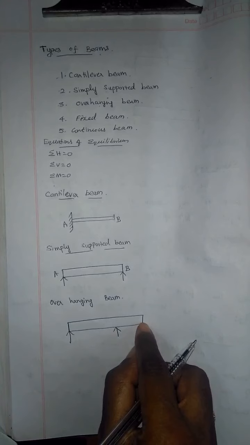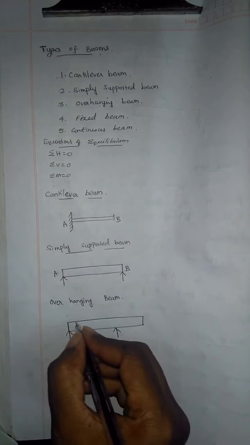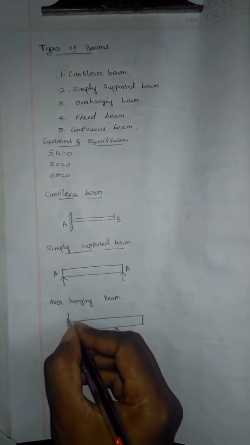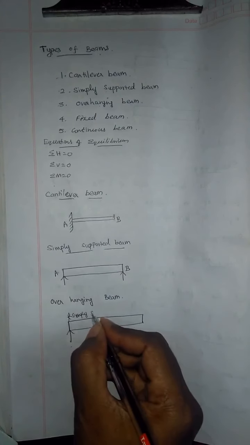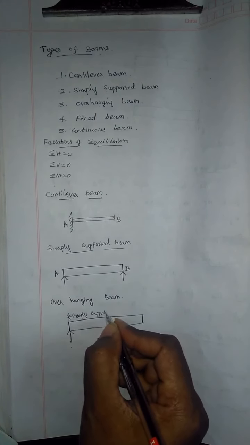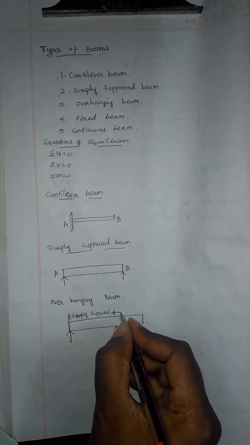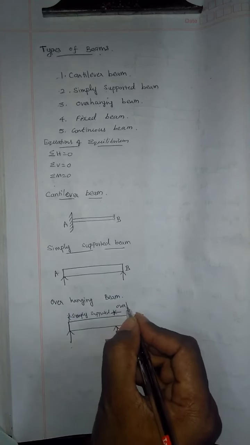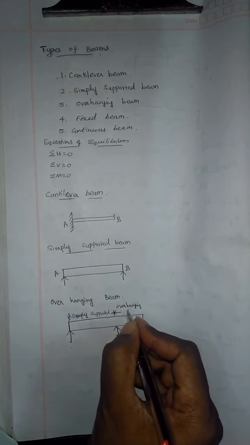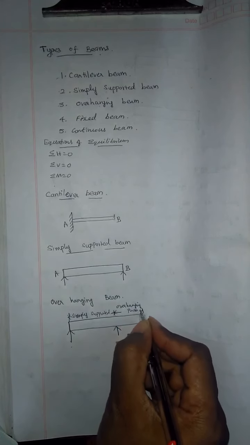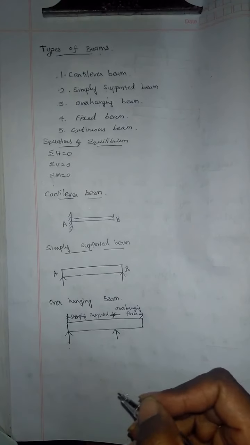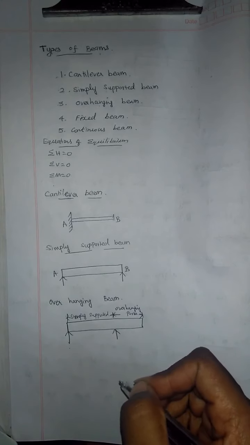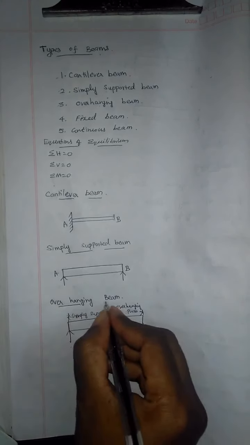So this is the simply supported portion, and this is the overhanging portion. If a portion of the beam is extended beyond its supports, then we'll call it an overhanging beam.